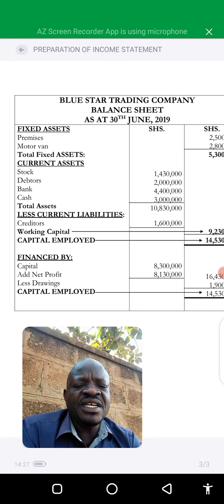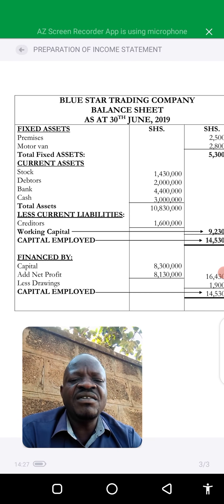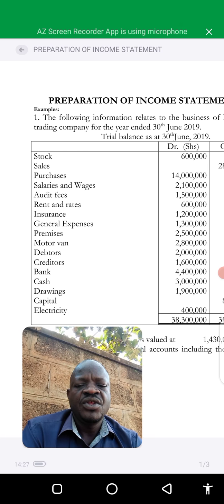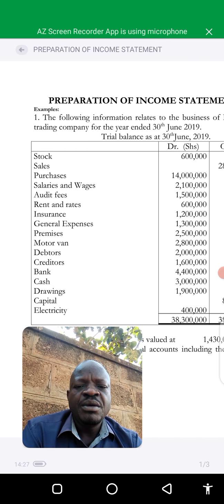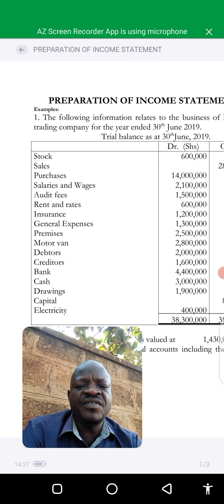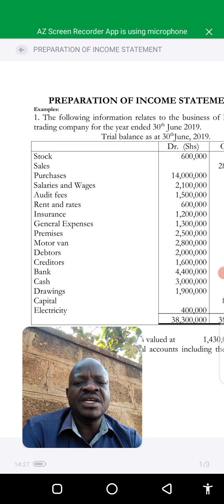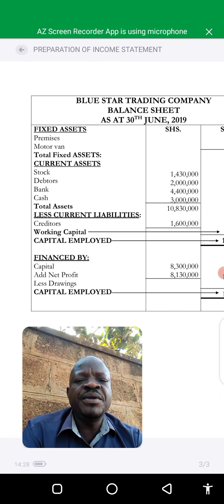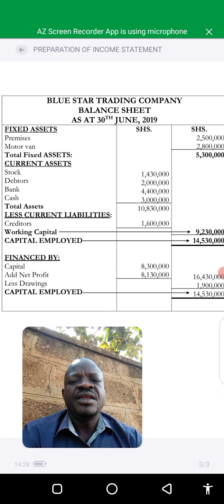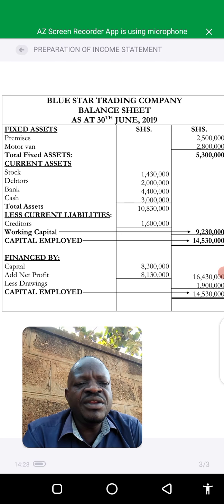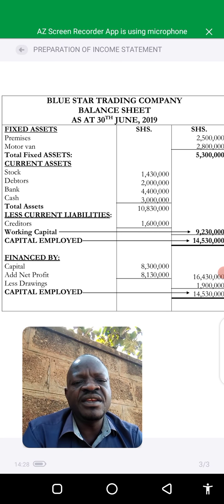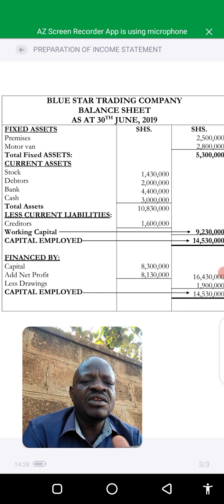When you look at the fixed assets of this business, we have in our trial balance, you can see we have here premises and motor van. Those are the items which are here as fixed assets. Therefore, we shall begin with them and put premises as number 1, 2,500,000. Then motor van, 2,800,000.